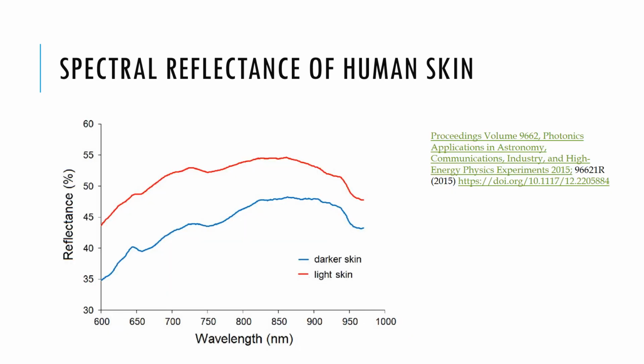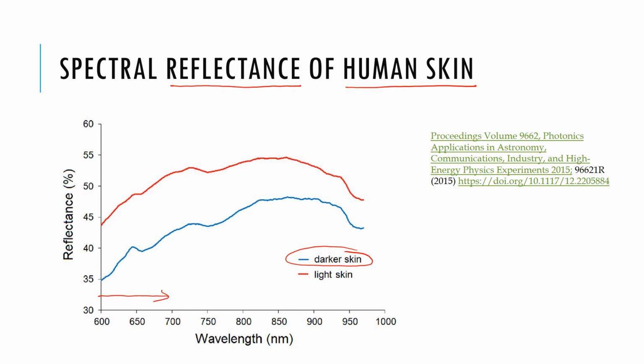Here is another example of a property, in this case reflectance in a biological context. This is reflectance of human skin. Notice that, like we know, in visible light a darker skin looks darker because it reflects less in the visible range.